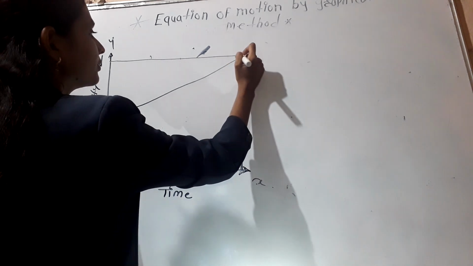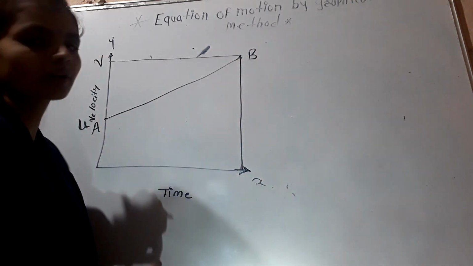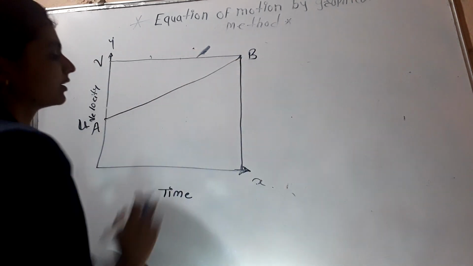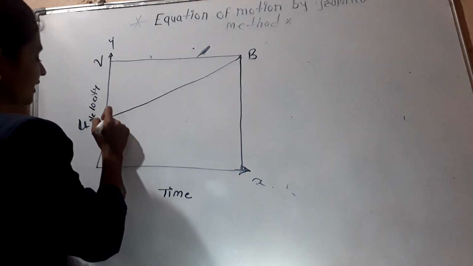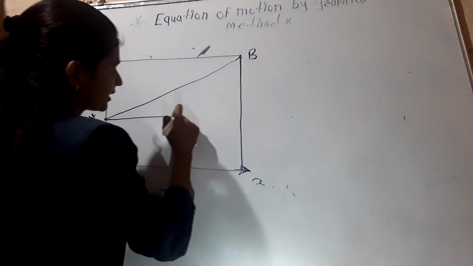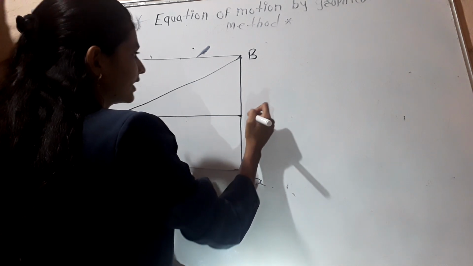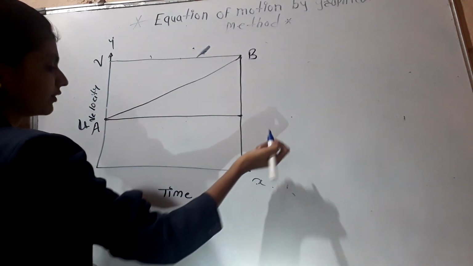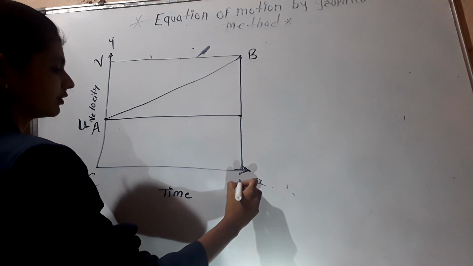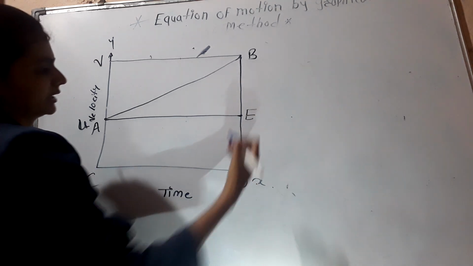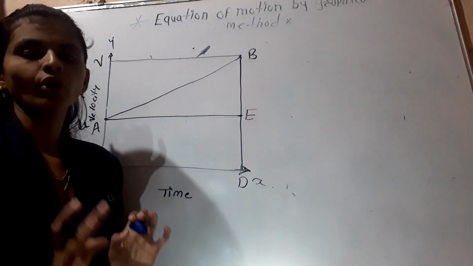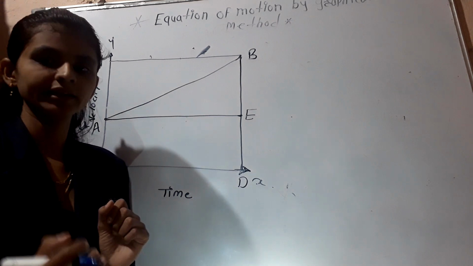First we draw one perpendicular line, then one parallel line. Then from point A also we draw one parallel line along the x-axis. Then we give names: A, B is already given, then C, D, and this one is E. I think all the things are clear for you all.